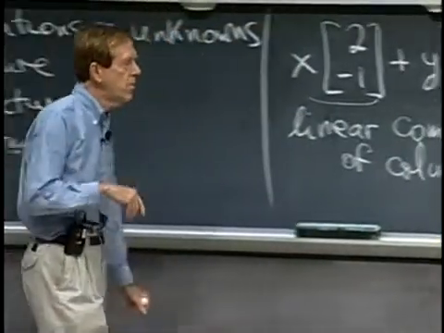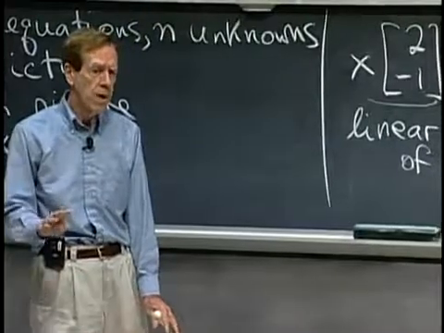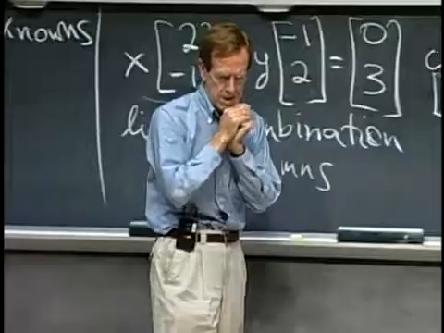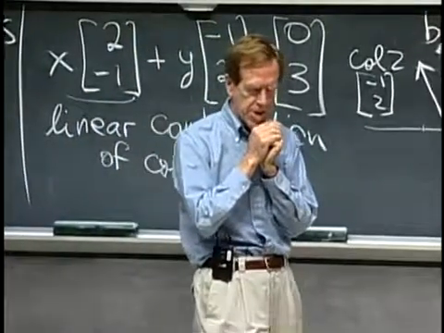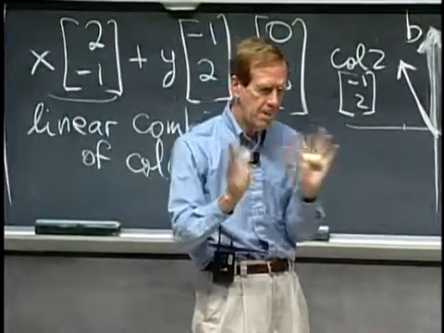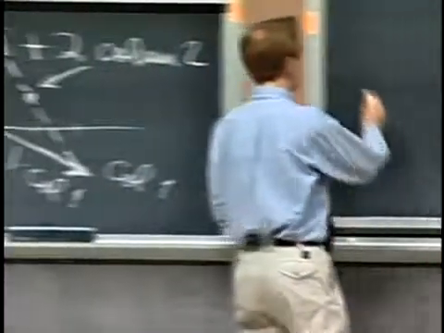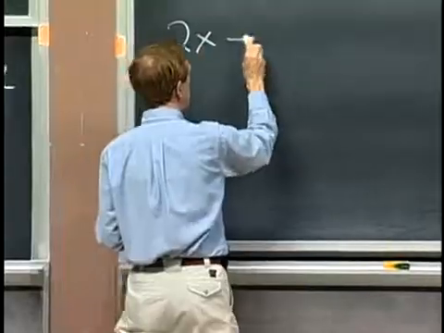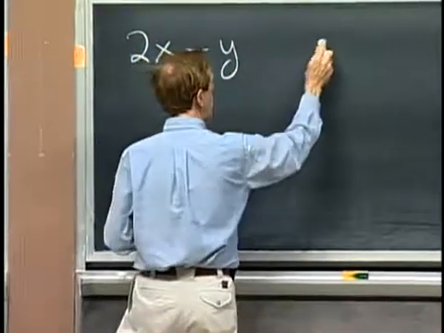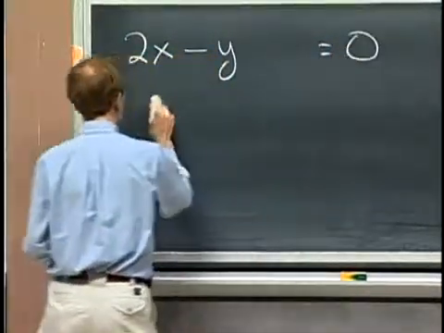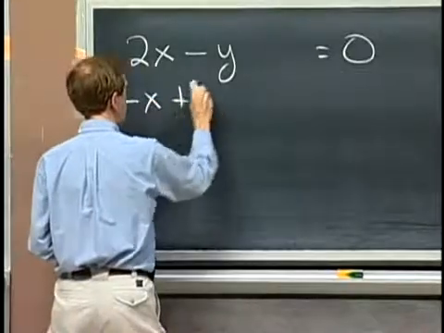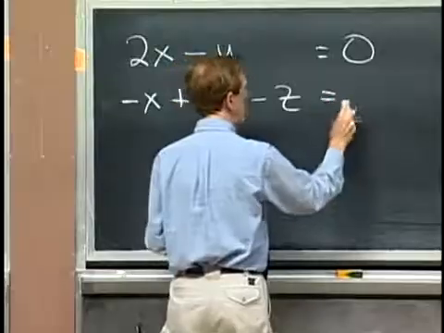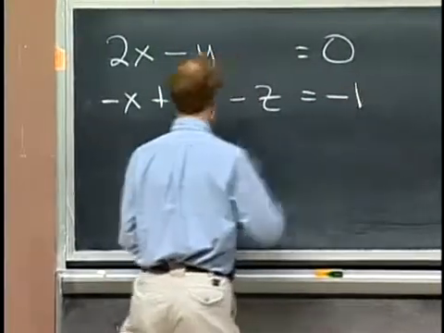Okay, can I move to 3 equations and 3 unknowns? Because it's easy to picture the 2 by 2 case. Let me do a 3 by 3 example. I'll start it the same way, say 2x minus y, and I'll take no z's, as a 0. And a minus x and a 2y and a minus z is, let me make that a minus 1.